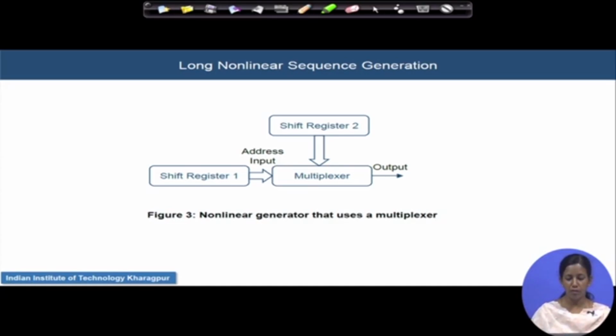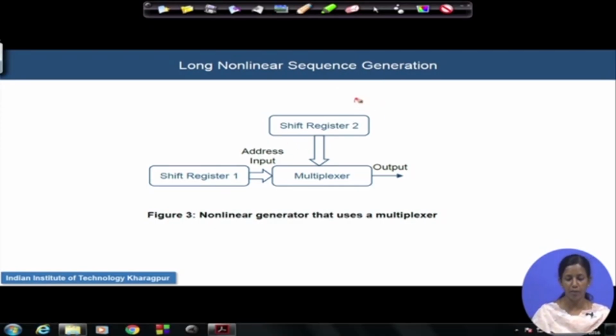Let us first consider that both have the same number of stages, but the initial conditions are not the same, and you involve a multiplexer in the code generation process. The shift register number 2 is giving first some code sequence.